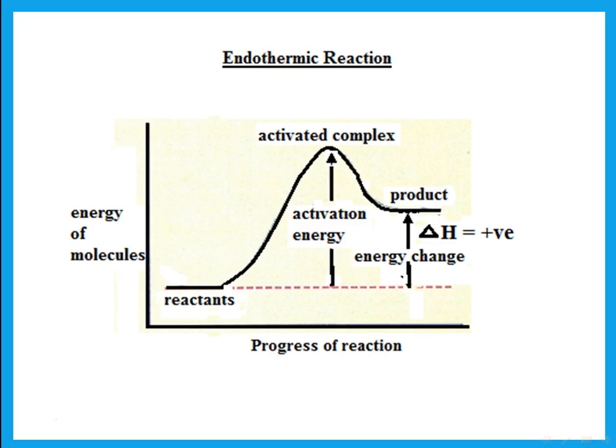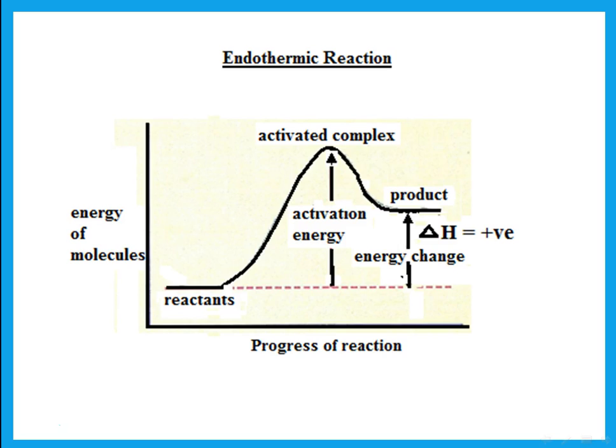Now for an endothermic reaction. Remember we said an endothermic reaction means the reactants gain energy or they take in heat. Now, when they take in heat, that means that the products have higher energy than the reactants. And the delta H is the heat change or the energy change or the enthalpy change.